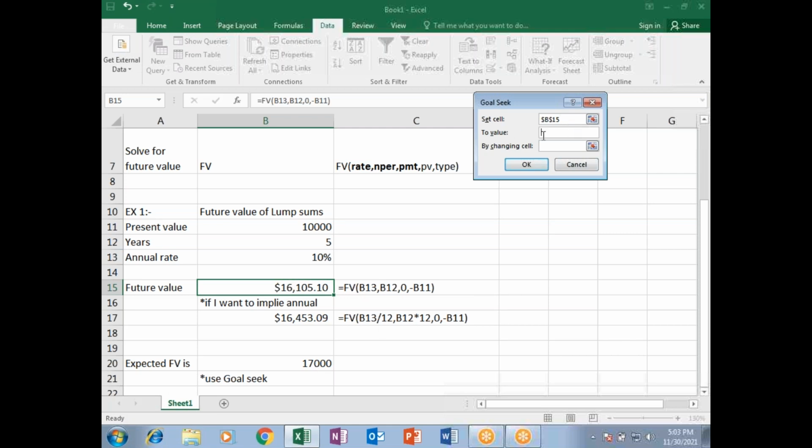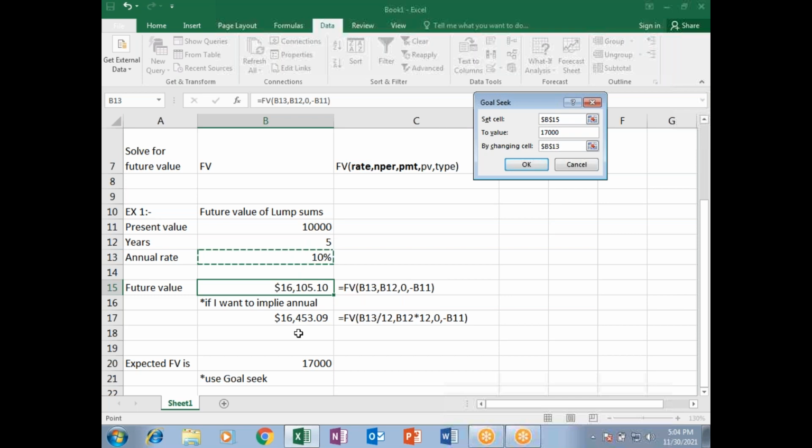Then to value. My expected value is 17,000. By changing cell: if I am expecting the future value of 17,000, what should change? Either the annual rate, the years, or the present value. So I can select anything. Now I will be changing the annual rate.